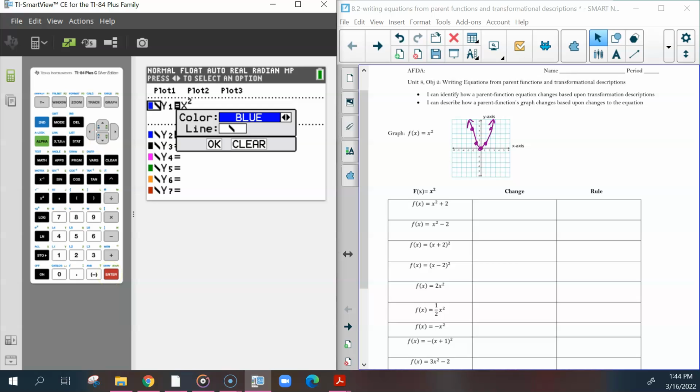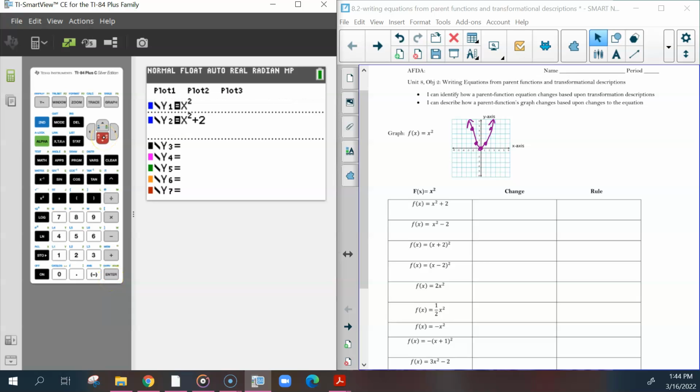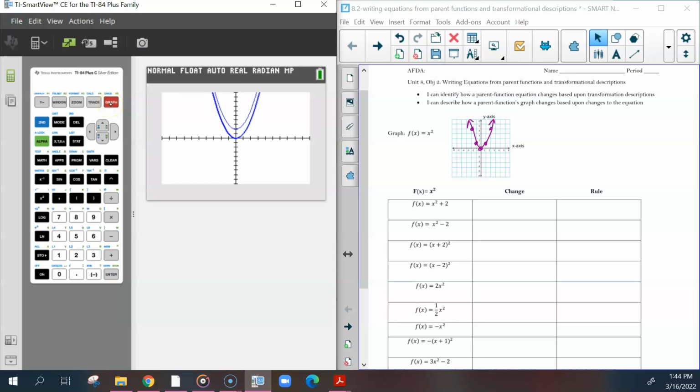Go to this and change the type of line so that it's thicker. So when I graph it, I have a thicker line and a thinner line. The thinner line is what I'm comparing to the thicker line, and I'm looking and seeing what happened.